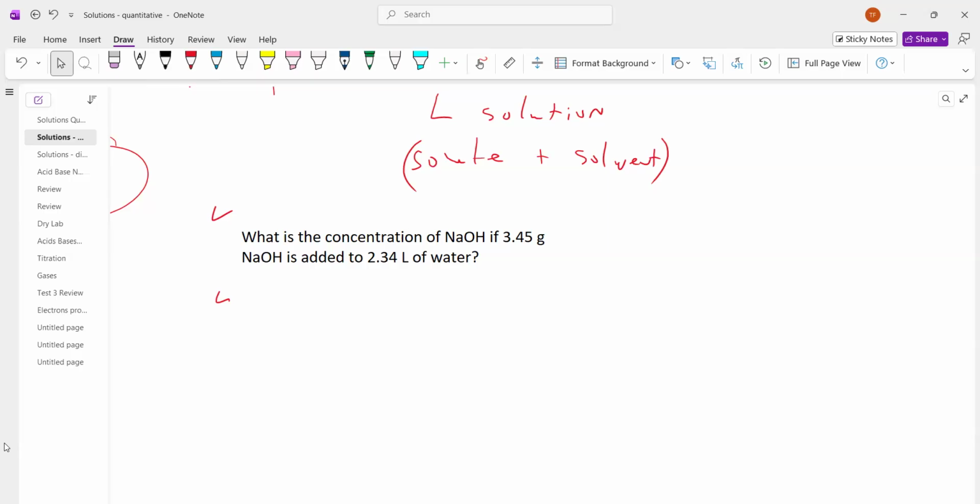Because what happens when a solution sits out the next morning? What does it do? Dries up. Yeah, you end up with a spot, right? What if that was a weak acid?